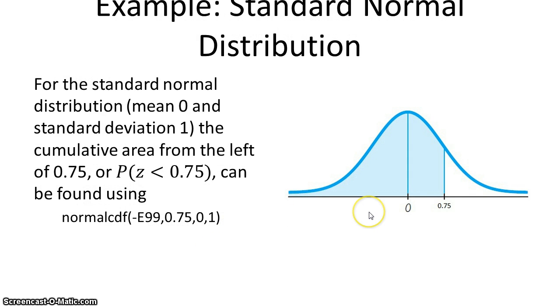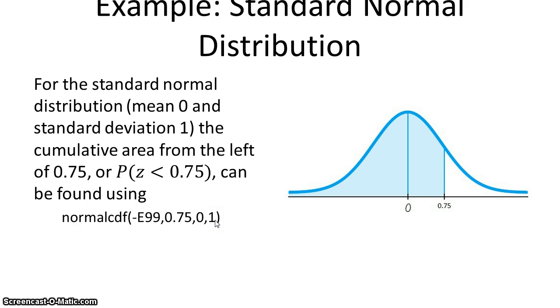So in this case, if we want to calculate the cumulative area from the left of a z-score of 0.75 for the standard normal distribution, and as you recall, the standard normal distribution has a mean of 0 and a standard deviation of 1, then the arguments of the normal CDF would be negative E99, because the lower bound doesn't exist. It goes on to negative infinity, all the way up to a z-score or a right cutoff value of 0.75 with a mean of 0 and a standard deviation of 1.